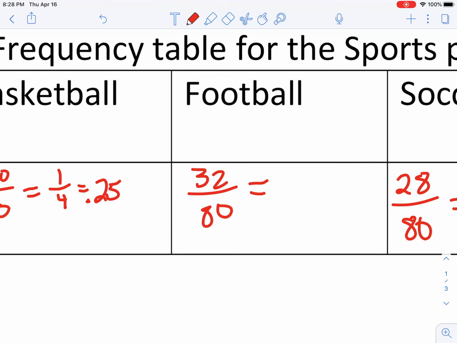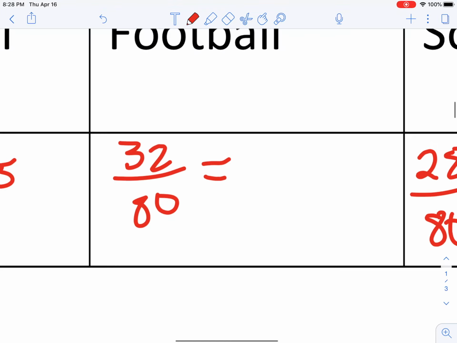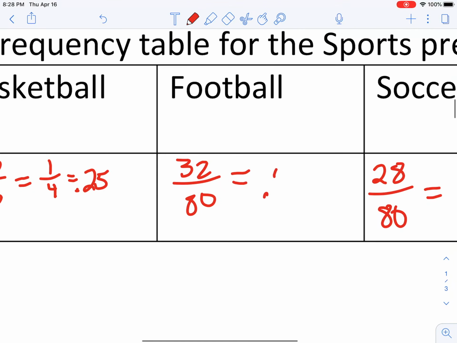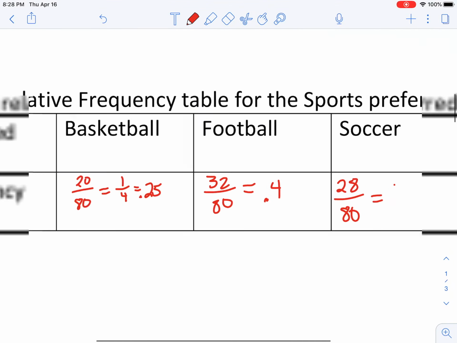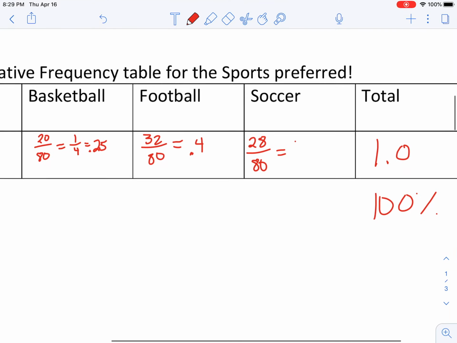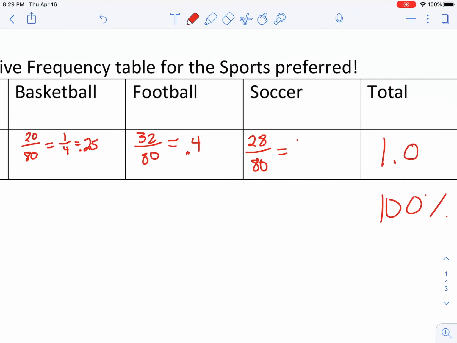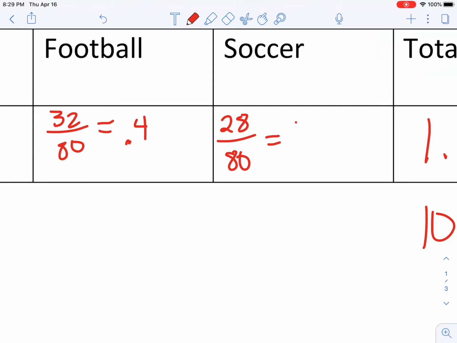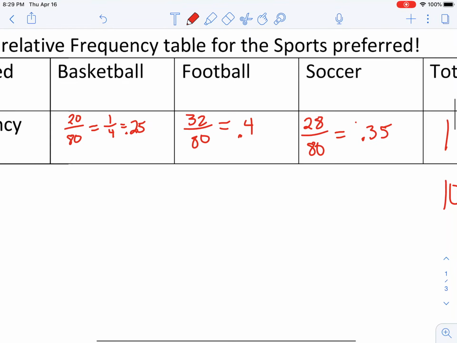32 out of 80. I should know this off the top of my head. Let's see, 40%. So 0.4, which leaves the last one, 28 out of 80, which is 0.35.